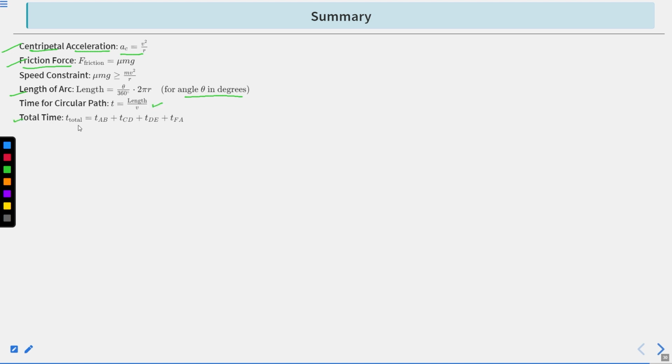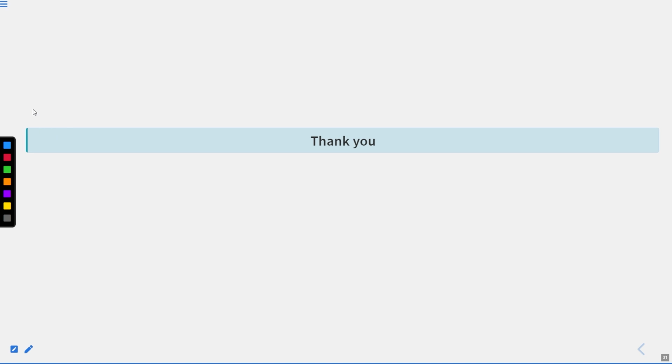These are the concepts which we learned in today's lecture by solving the practice questions. These are the major formulas. Thank you.